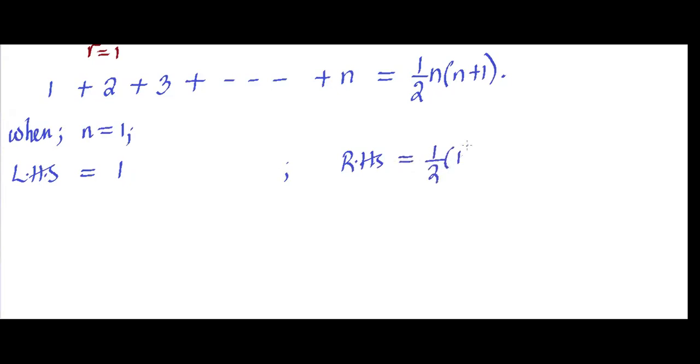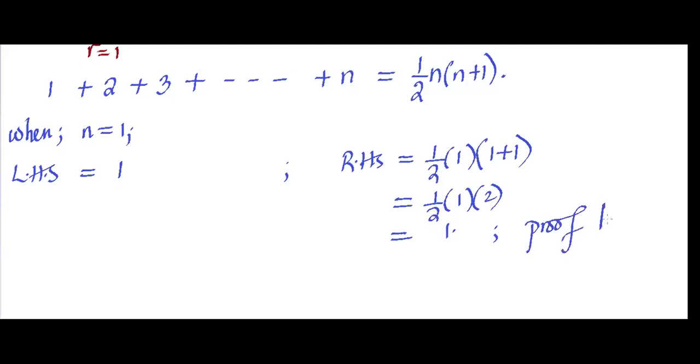So that is a half into 1 into 1 plus 1, which is a half into 1 into 2, which gives you 1. You realize that the left-hand side is equal to the right-hand side, and this is concluded by saying the series holds for the first term. The first term agrees with the series sum when you substitute n equal to 1.